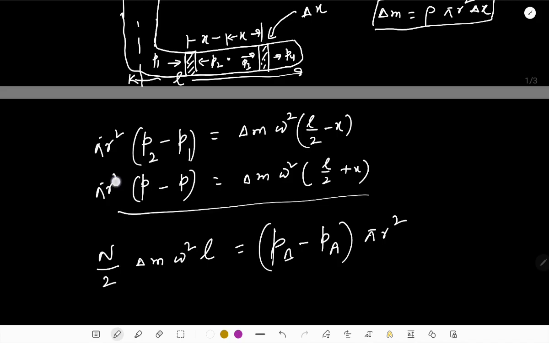So I'm just making corrections in my writing.